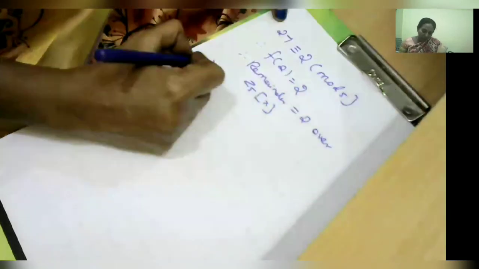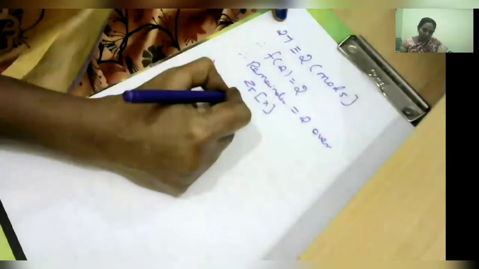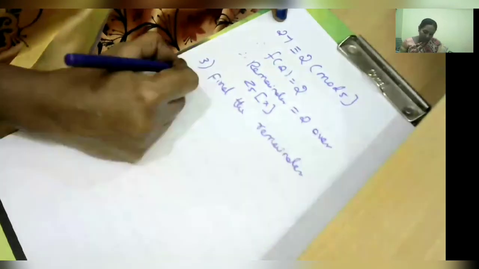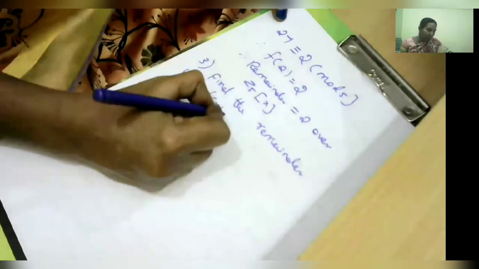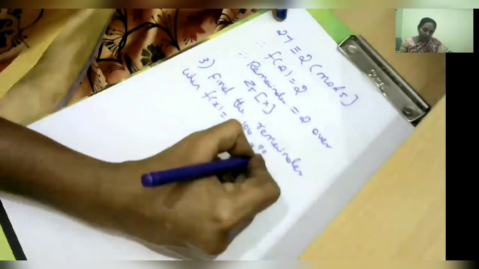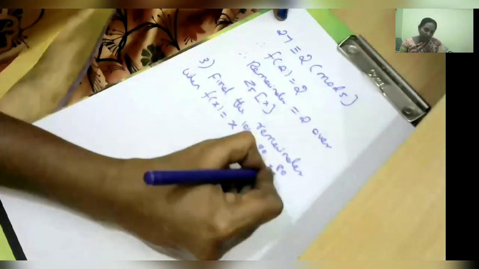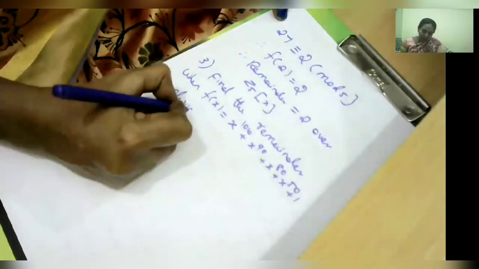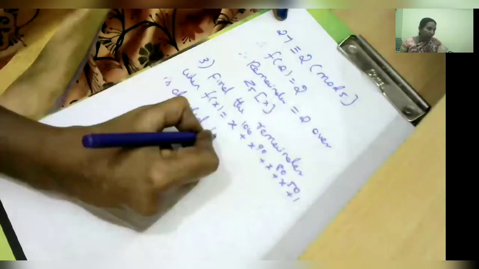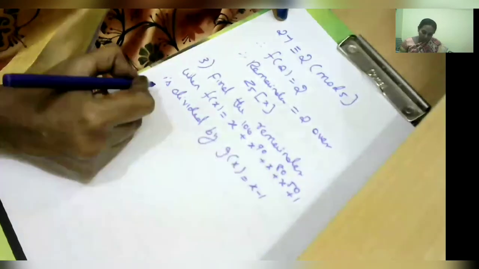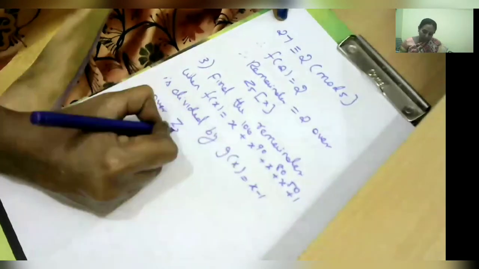Now the next question is: find the remainder when f of x is equal to x to the power 100 plus x to the power 90 plus x to the power 80 plus x to the power 50 plus 1 is divided by g of x equal to x minus 1 over Z2 of x.